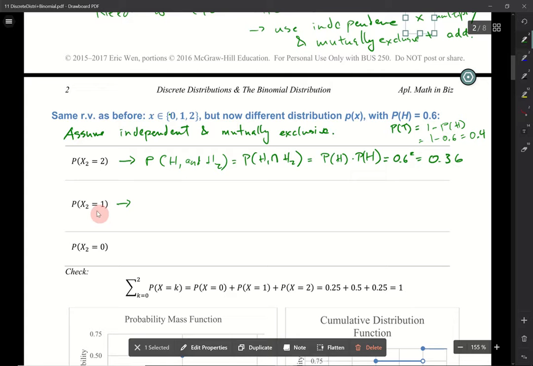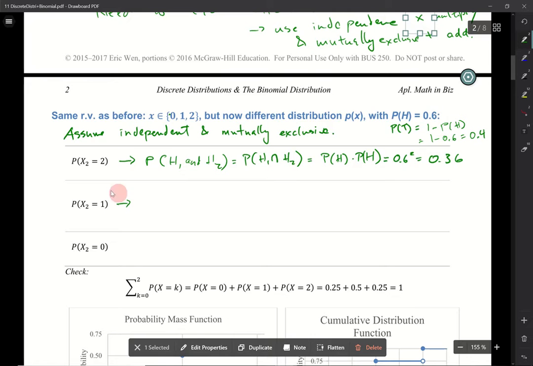Here, what's the probability of only 1? Any ideas? 0.6? Well, that's only the probability of one head.